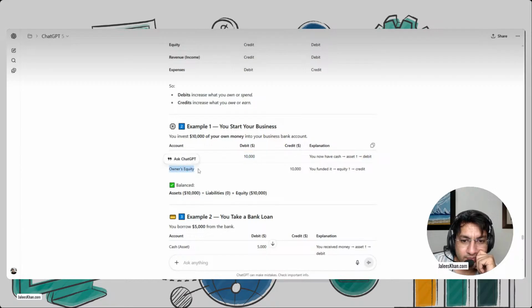Owner's equity, 10,000 credit. You funded it, equity increase, credit. My equity increases because owners pay for it.